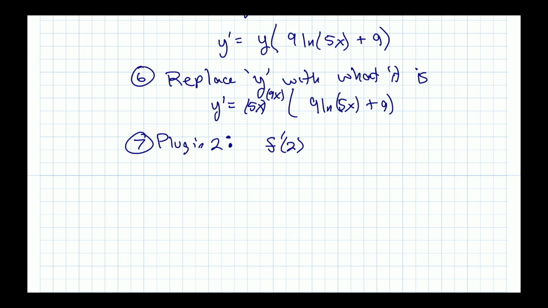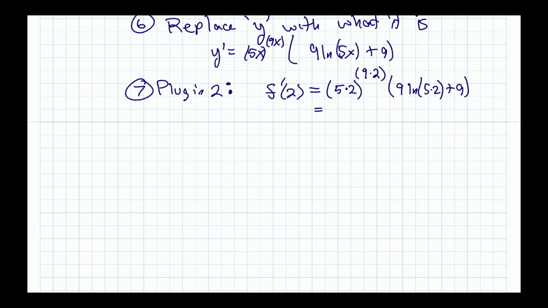So f prime of 2 is, let's just put it in: 5 times 2, which is 10, to the 9 times 2, which is 18, times 9 ln of 5 times 2, plus 9. So you have 10 to the 18 times 9 ln 10 plus 9. And that should be your answer.